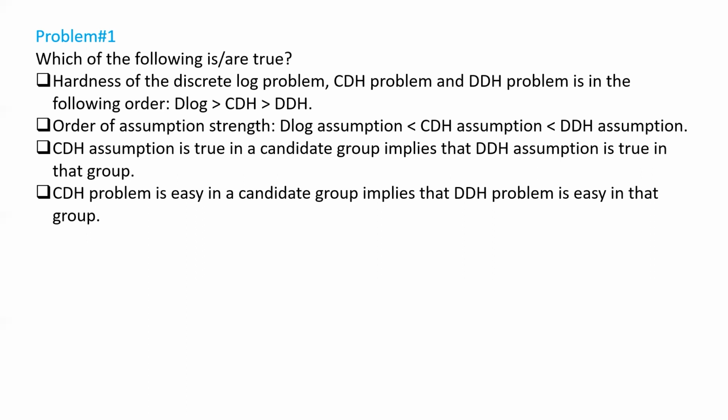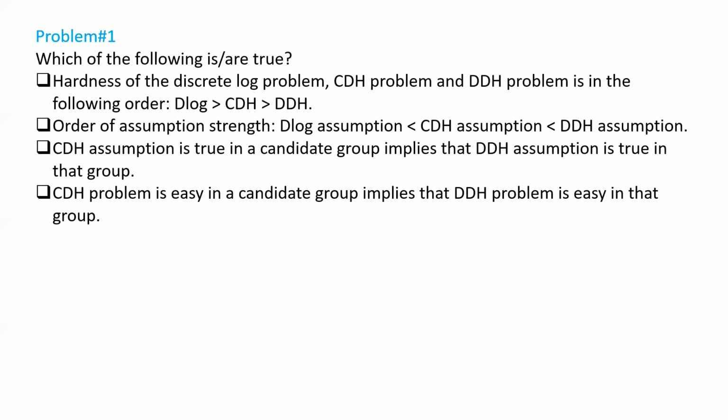And on the other hand, if the crypto system is based on the DDH assumption, where the system is secure if we assume that the DDH problem is hard to solve in that setting, and as the DDH problem is believed to be the easiest problem among these three, the adversary in that particular cryptographic setting is not even able to solve the problem, even when it is provided with the DDH problem, basically.